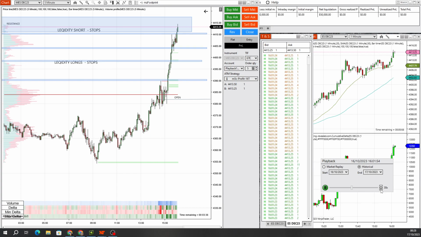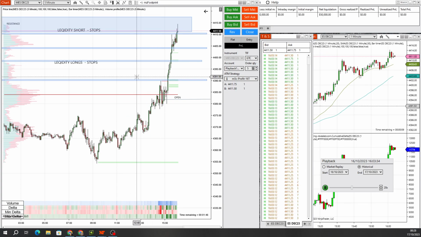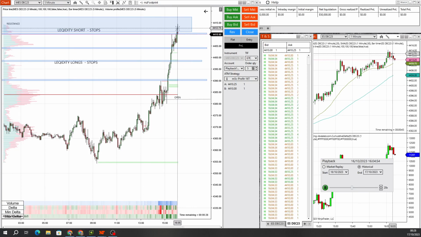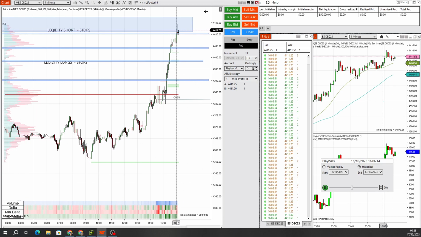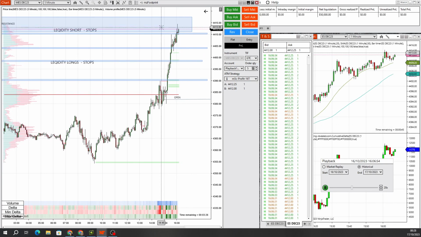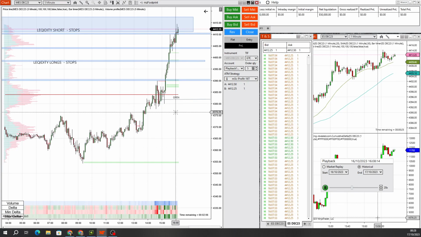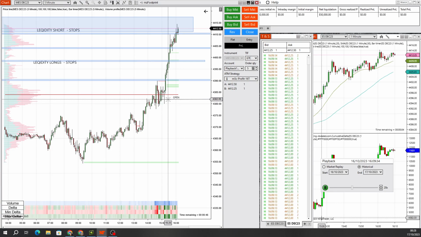This is 30 times faster, or let's say 20 times faster. Okay, so it's 6 p.m. Still pushing into this resistance zone. A move from here to there was quite decent.